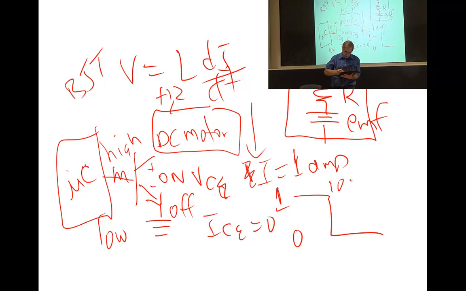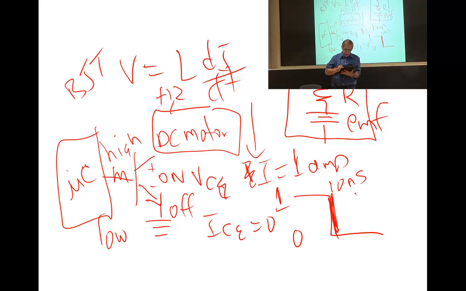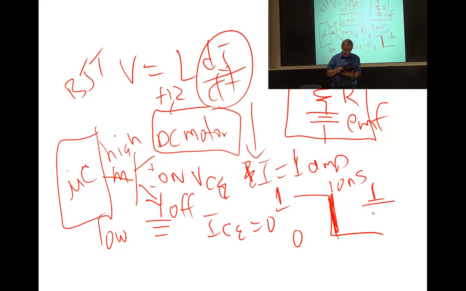Now what did I just draw? A slope, right? So what is di/dt? Very negative. Negative isn't the problem. It's 1 amp over 10 nanoseconds.